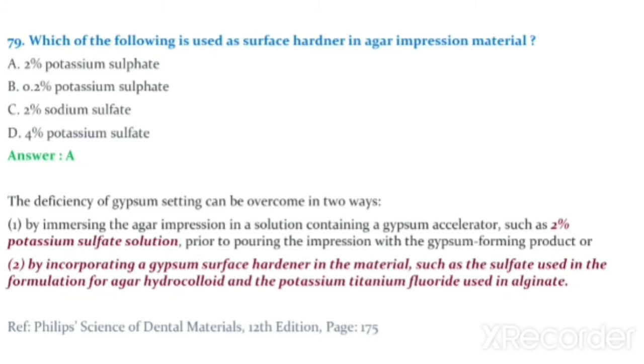By incorporating a gypsum surface hardener in the material such as the sulfate used in the formulation of agar hydrocolloid and the potassium titanium fluoride used in the alginate. Reference from Phillips Science of Dental Materials, 12th edition, page number 175.